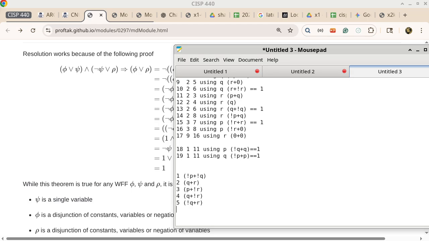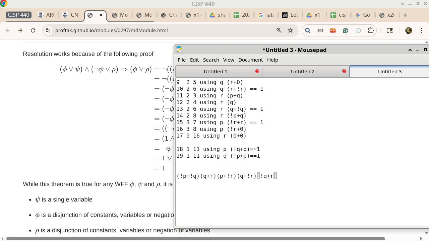So we have these five terms. That's the original. This is the conjunction of psi, which is everything that is known to be true, and the negation of phi, and phi is the theorem that we want to prove.